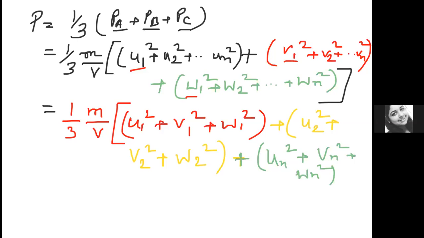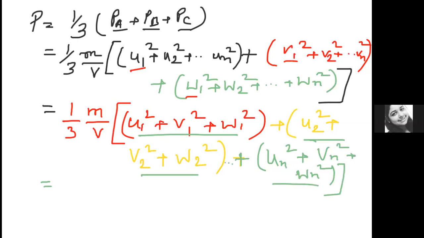Make over here a few dots because I'm not considering 3, 4, 5 and all. I'm just taking 1, 2, and n. Now these portions were actually which part? This was actually C1, then this must be C2 and this must be Cn.